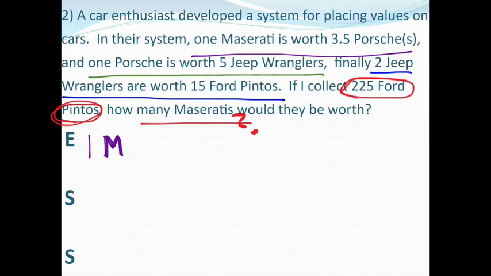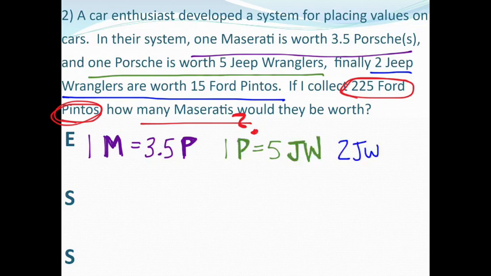So I'm going to say 1M for 1 Maserati is equal to 3.5 Porsches by saying 3.5 P. And then 1 Porsche is equal to 5 Jeep Wranglers. And then 2 Jeep Wranglers equals 15 Ford Pintos. Okay, so that's all of the information from our problem.